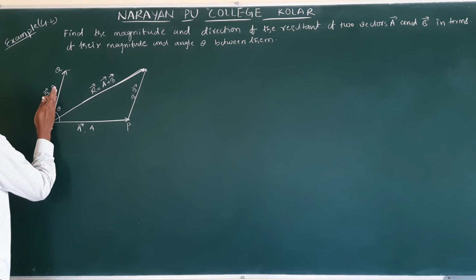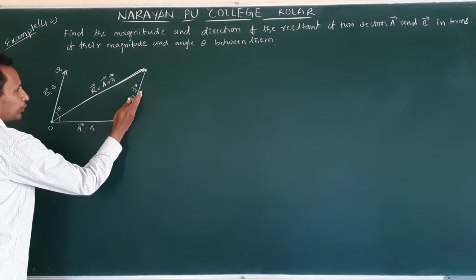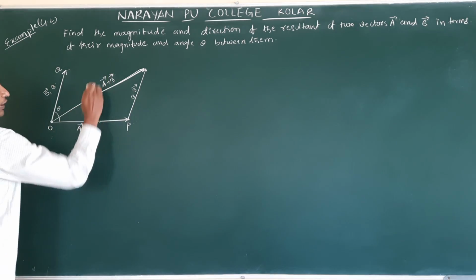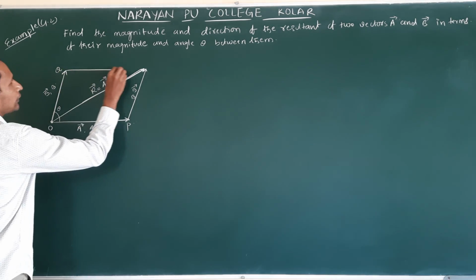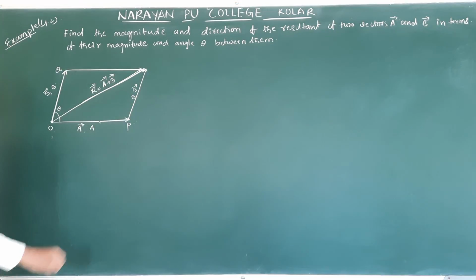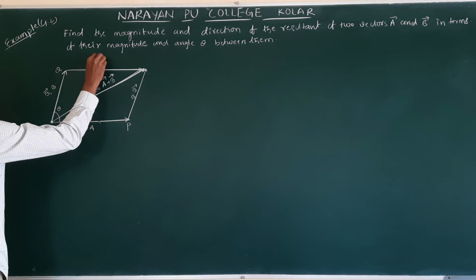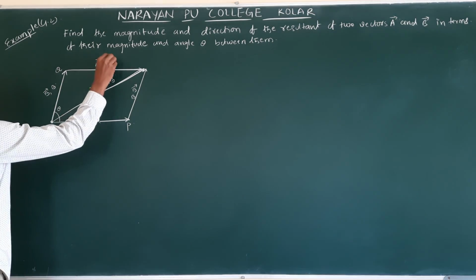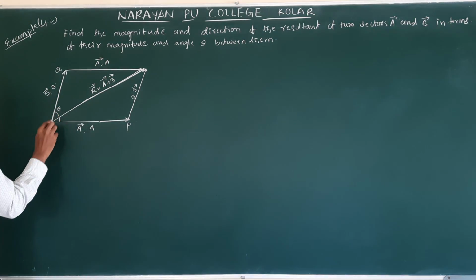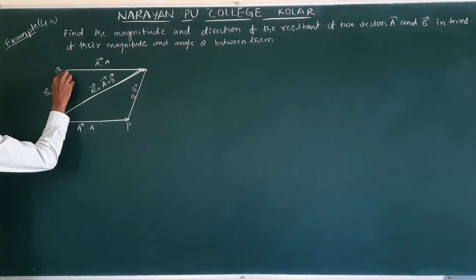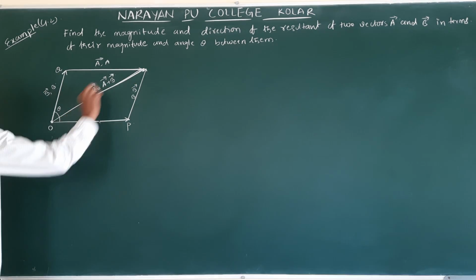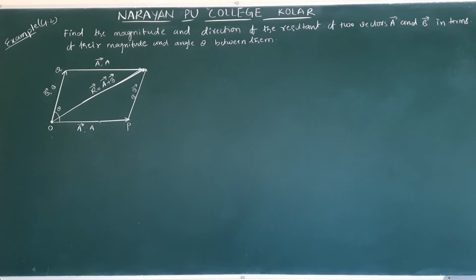I slid this vector from O to P. Instead of this, if I slide this vector up, what will happen? See, again this is A, magnitude A. By sliding this, the tail of A touches the head of B. Again, what is the closing side? It remains the same: A plus B or B plus A.